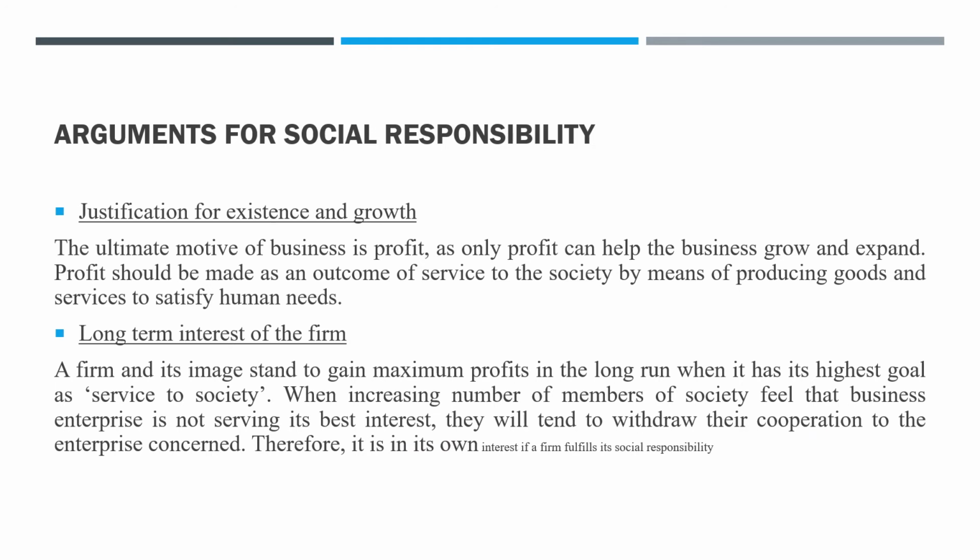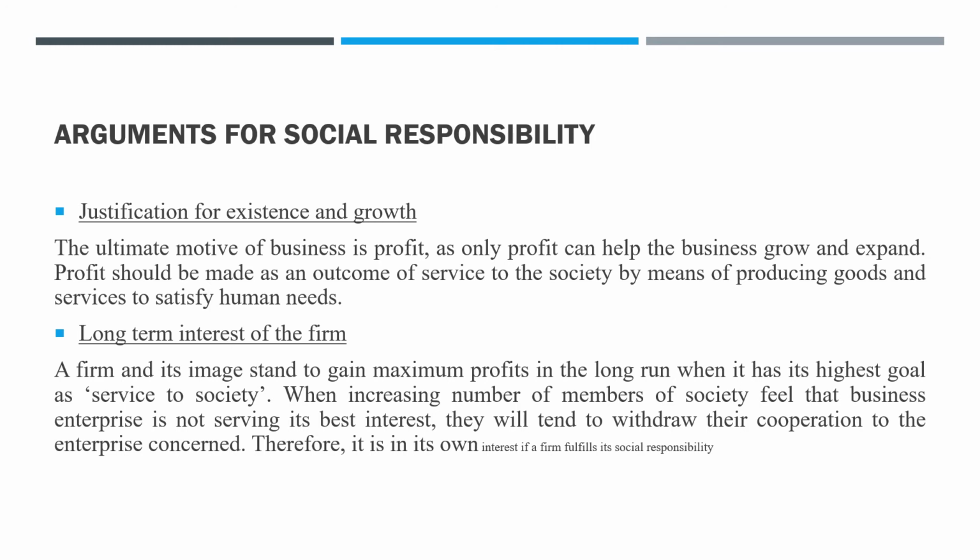It can be a possibility that after providing inferior quality goods, or after doing black marketing or adulteration, a business is able to earn good profit in a small period of time. But gradually, when people understand that this particular business enterprise is not serving the best to the society, definitely they will withdraw at a later period of time.